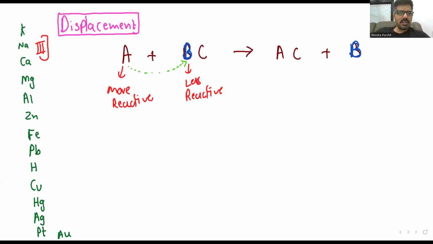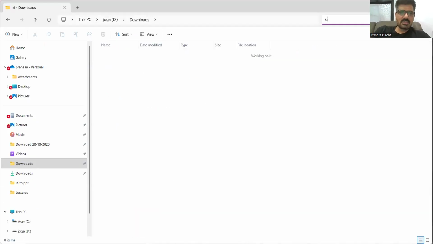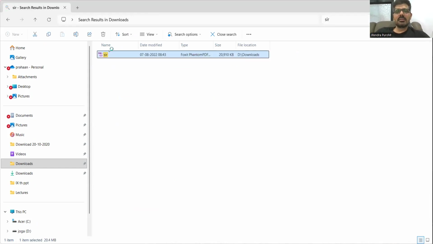You forgot, beta, I have given you the entire sheet and big color notes, right? In that we have written what we have studied for this displacement. Look, beta, this reactivity series you should know.